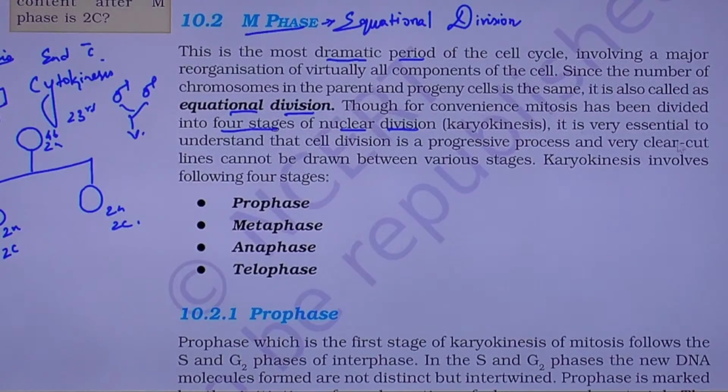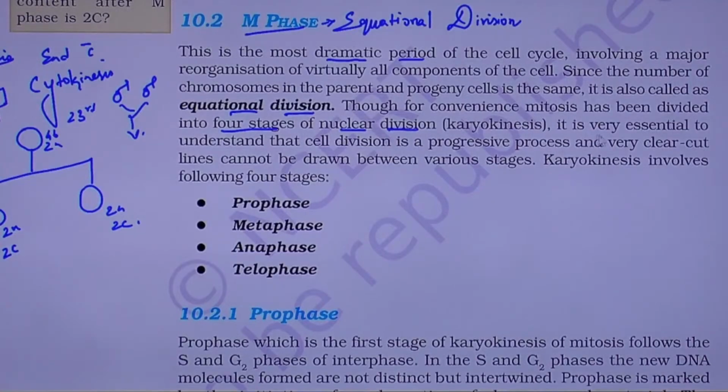It is very essential to know these. Mitosis takes place in about 5% of the cell cycle, whereas 95% takes place in the interphase, which is the arresting phase.